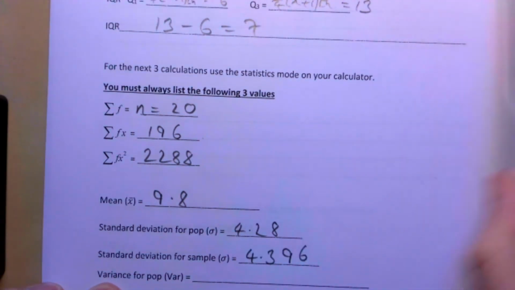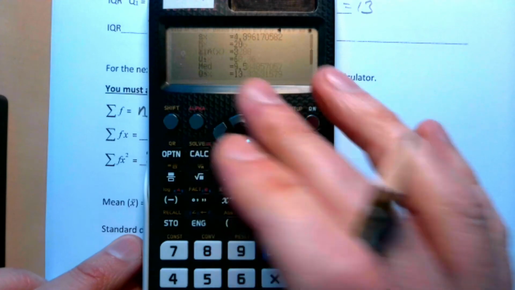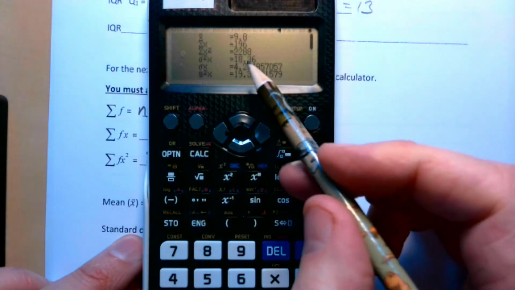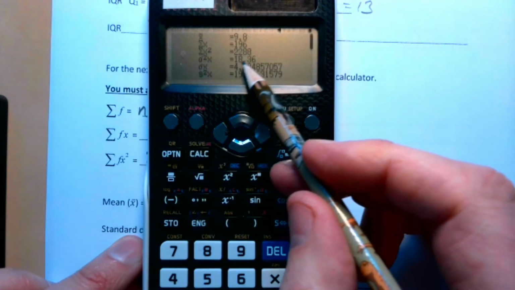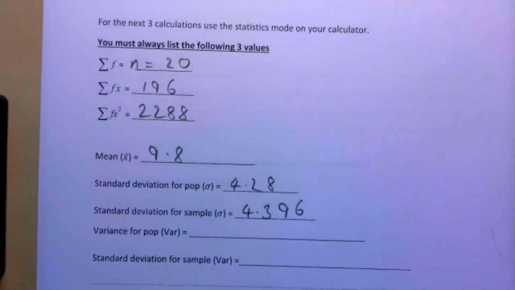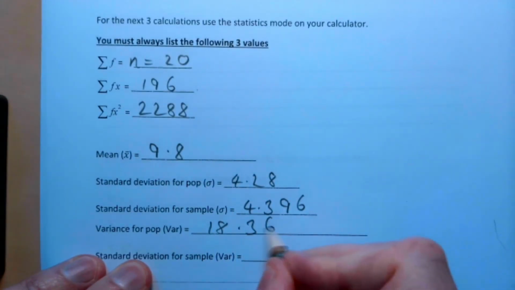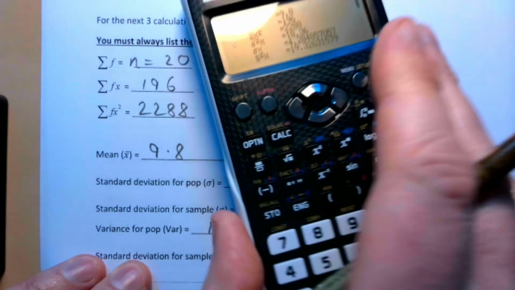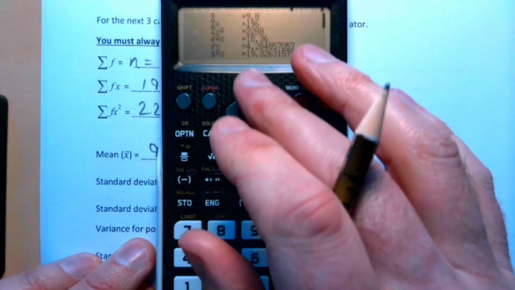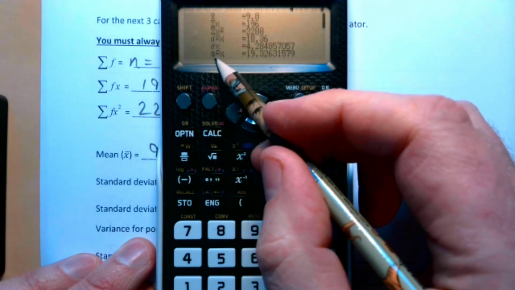The variance for the population, that's that one there squared, so it's 18.36. And then for the other one, 19.33.